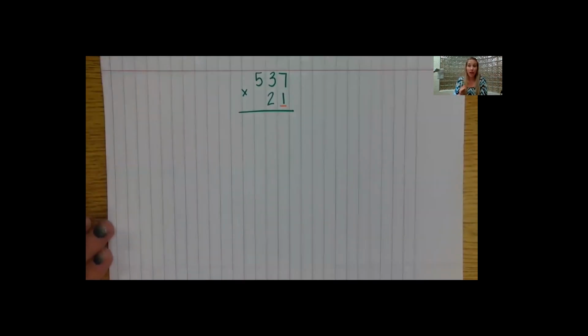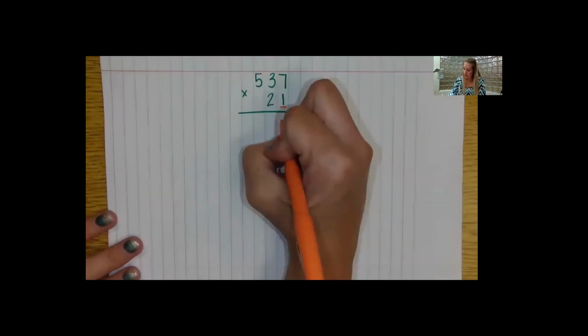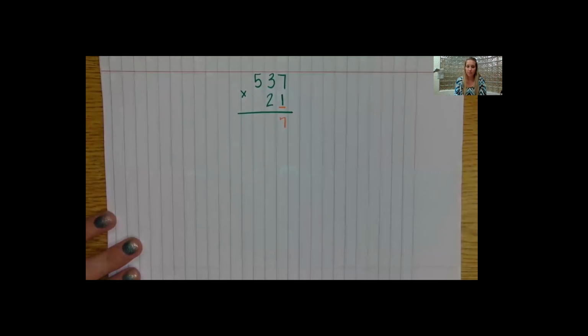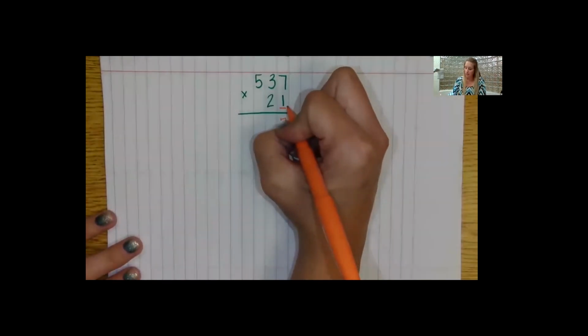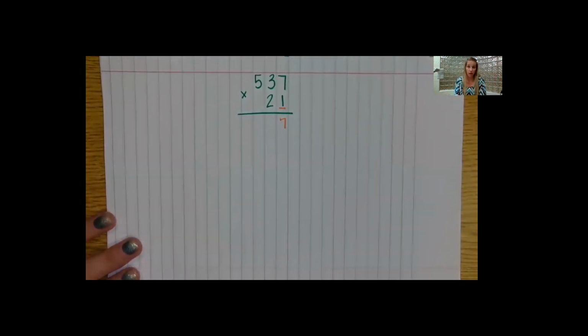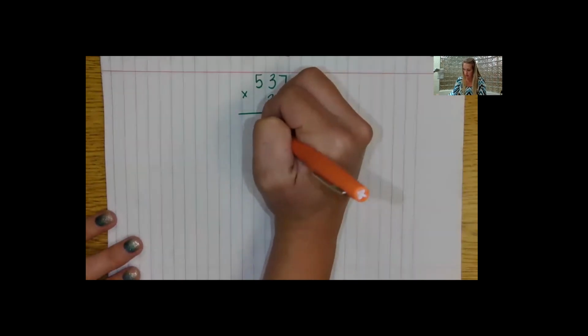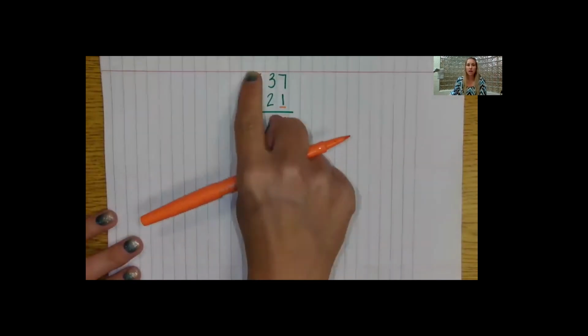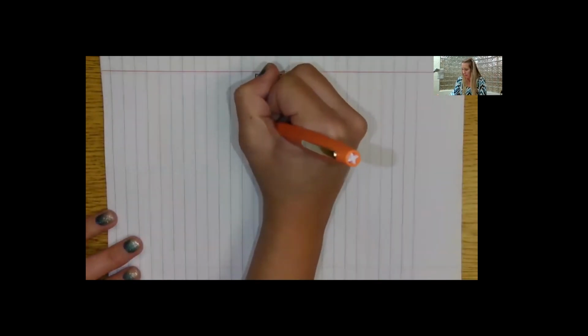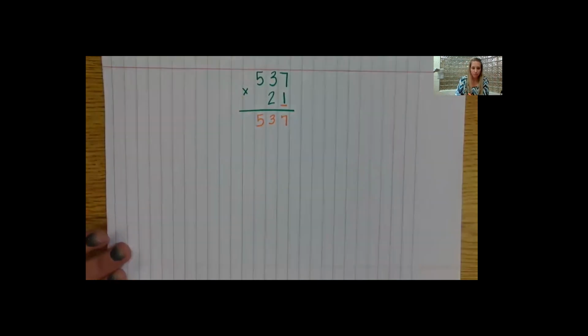So remember, we have to go to every place value in our top factor. 1 times 7 is 7. 1 times 3 tens, or 30, is 30. 1 times 500 is 500. So we have multiplied 537 one time.